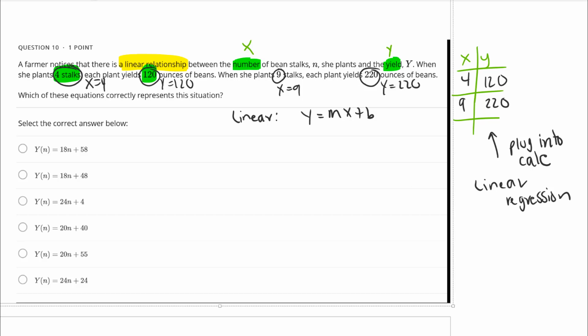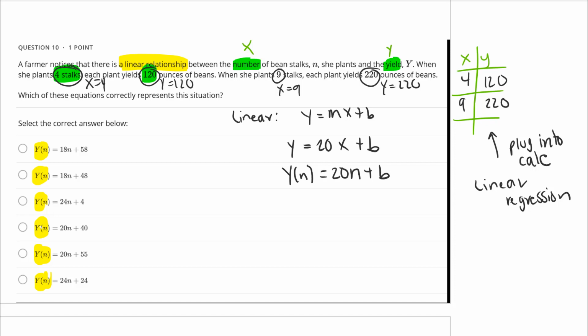So in this scenario, you're going to have y is equal to 20x plus b. Now the only difference here is going to be the notation. Notice how all of these notations is y of n. Every single option. So you're just like, okay, well if that's the case, I need to change this to y of n is equal to 20n plus b.